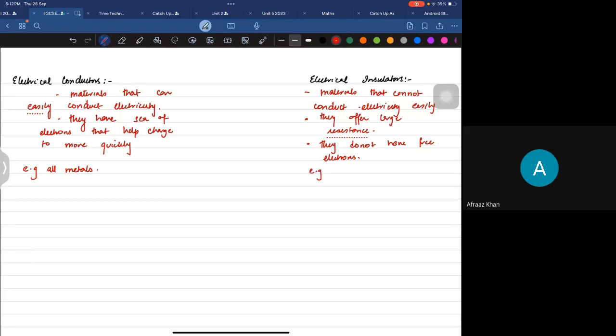Most of them are non-metals such as rubber, glass, wood, etc. So you can write this down, please.